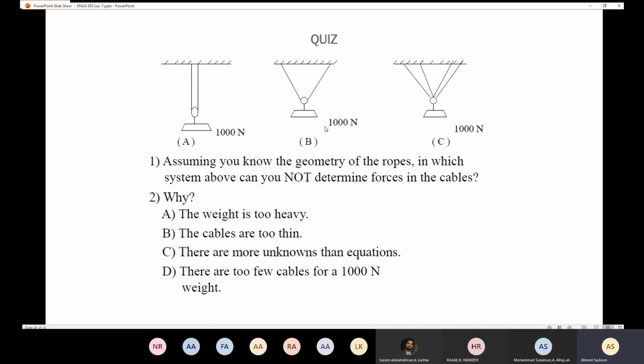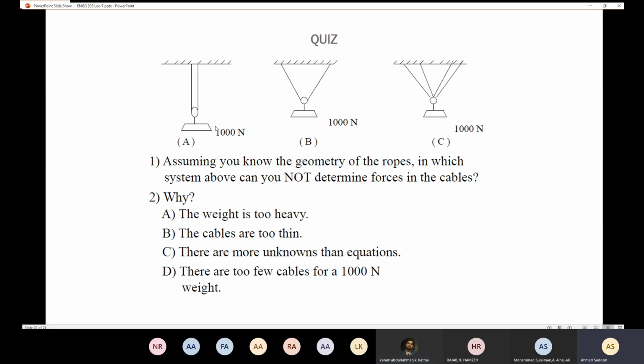The same thing here: I have two equations, summation of x equals 0 and summation of y equals 0. Here I don't know the tension in that cable, and I don't know the tension in that cable. So how many unknowns? Two unknowns.